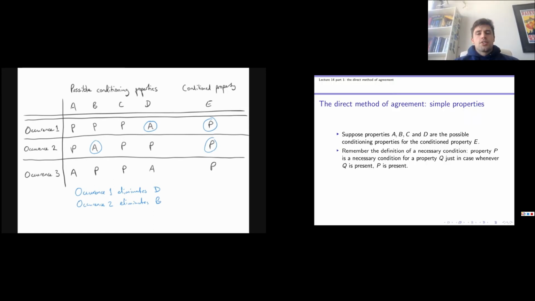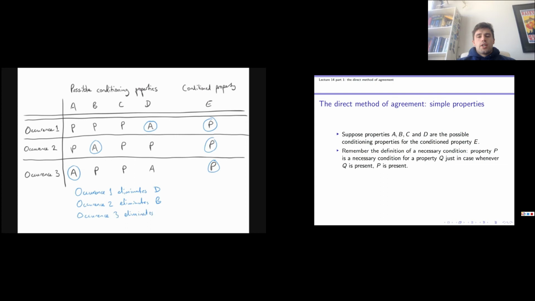Occurrence 3 tells us that A cannot be a necessary condition for E. If A were a necessary condition for E, then by definition of necessary condition, whenever E is present, A is present. But in occurrence 3, E is present and A is absent. So occurrence 3 eliminates A from our possible list of necessary conditions.